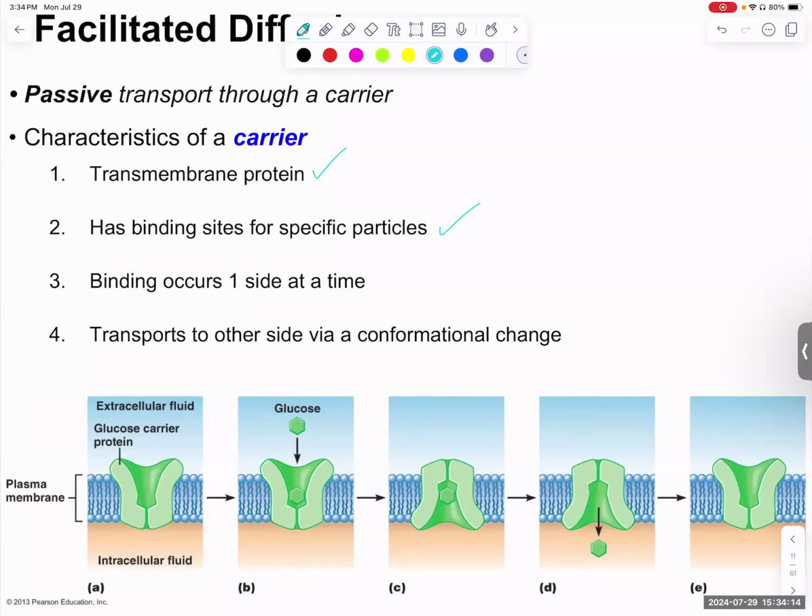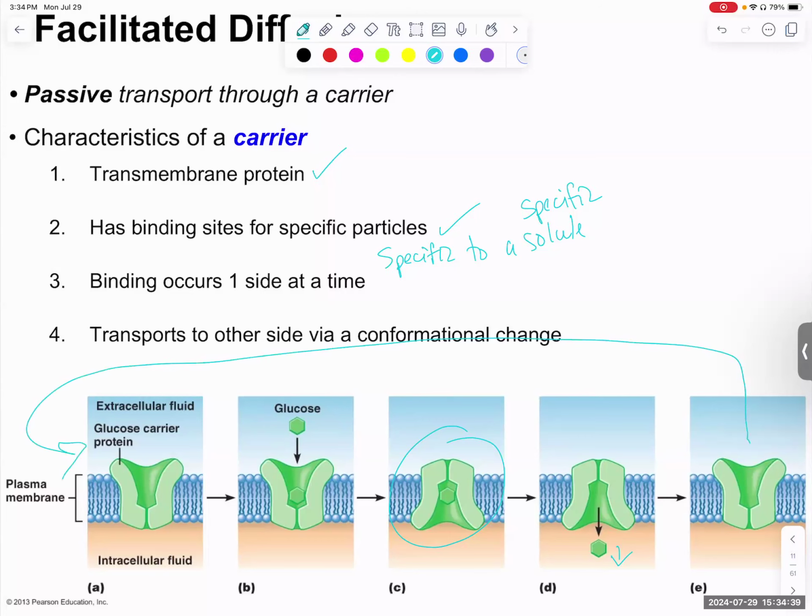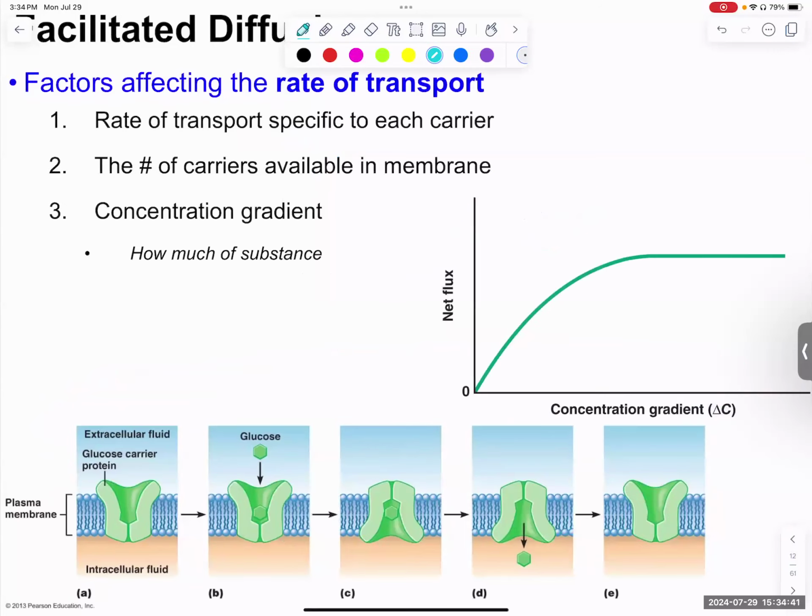They are specific to a specific solute. So they don't work for just anyone. Binding occurs on one side, transformation happens, the solute's released on the opposite side, and the carrier goes back to its original shape so it can start transporting all over again.